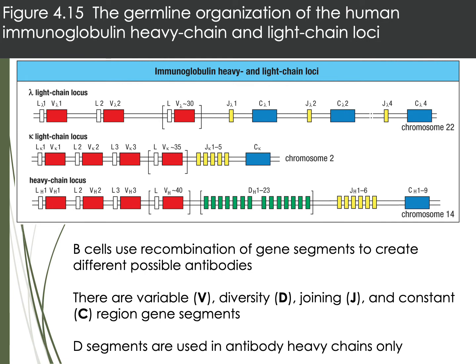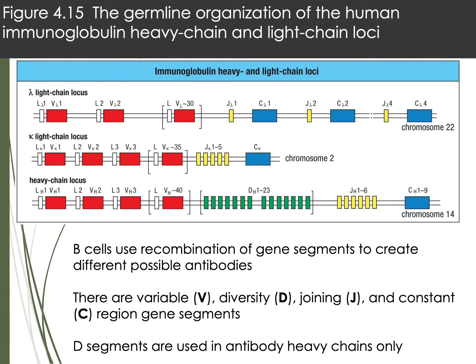So you can see here, like if we just focus on lambda, which is the top gene, for that light chain that's going to be used to make an antibody, we could pick variable 1, joining 2, and that comes with constant 2. Or we could pick variable 2, joining 1, constant 1.